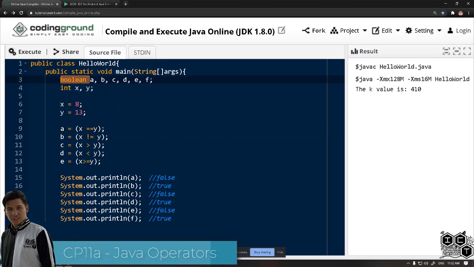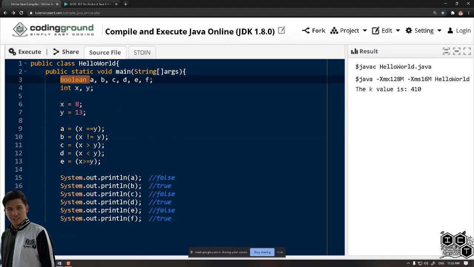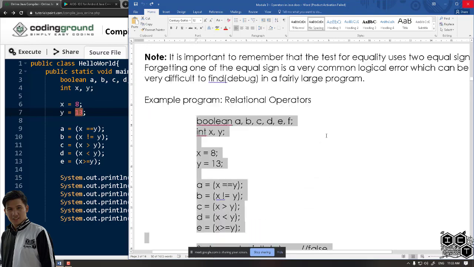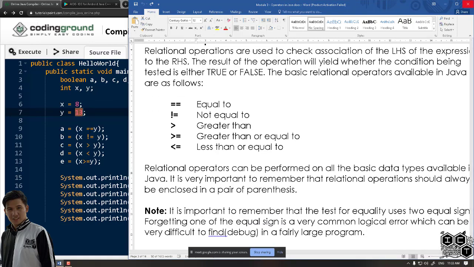Alam naman natin si Java na ang Boolean is true or false lang. A, B, C, D, E, F. Okay, X and Y. So, 8 and 13. Now, according to the relational operators here, we have the following. Equal to, not equal to, greater than, less than, and greater than equal. Ito yung tawag natin.